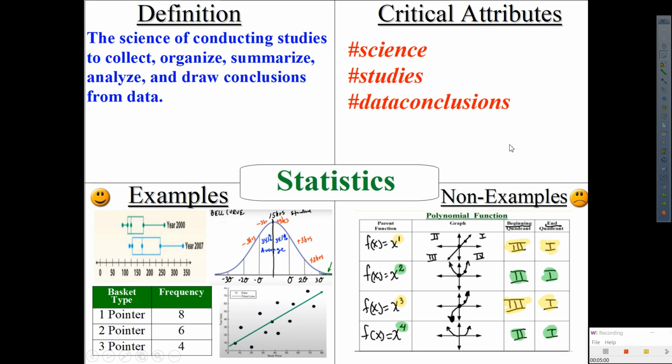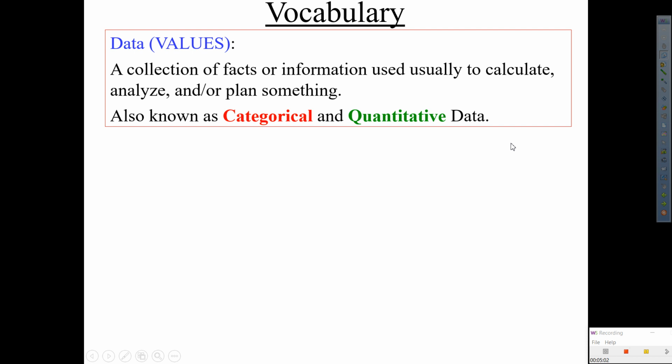So we know that. Next, here we go. I introduced at the beginning of the school year, the first week, data. Is that correct? And we said there's categorical and quantitative. Tell your neighbor the difference between one to the other.